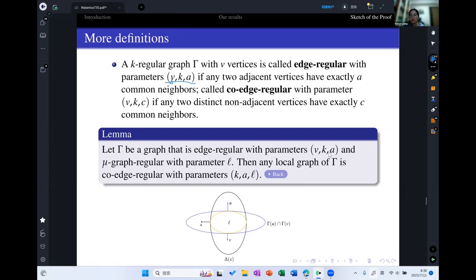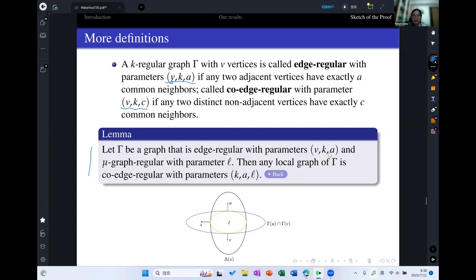And a regular graph is called co-edge regular with parameters (v, k, c) if any two distinct non-adjacent vertices have exactly c common neighbors.